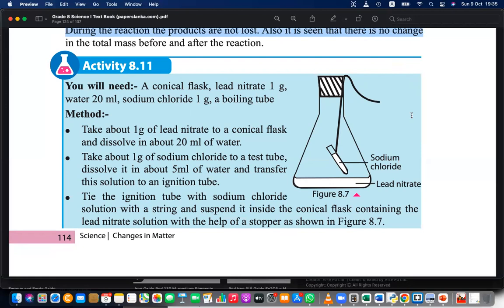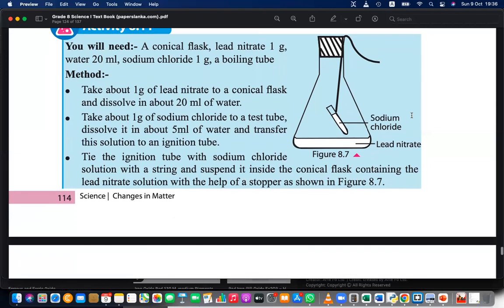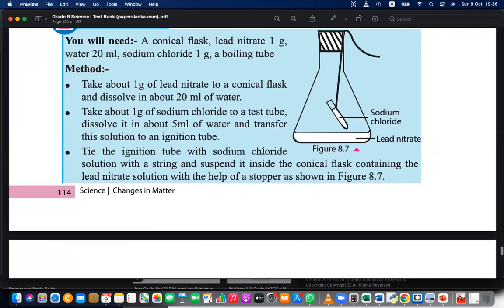Then you have to tie the ignition tube with the sodium chloride solution very well, and suspend it inside the conical flask containing the lead nitrate solution, so that it will start the reaction.